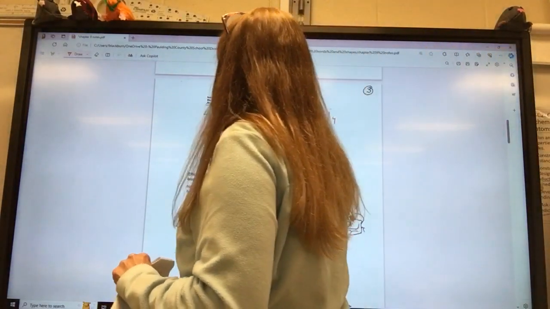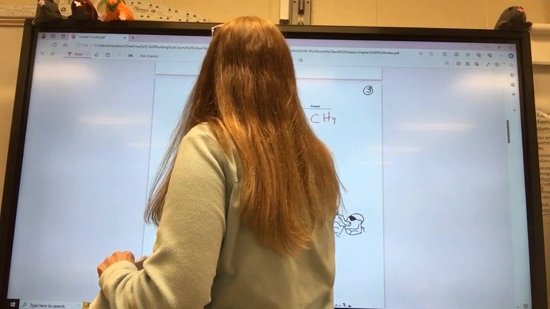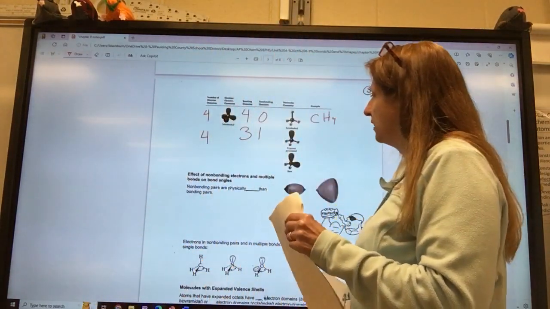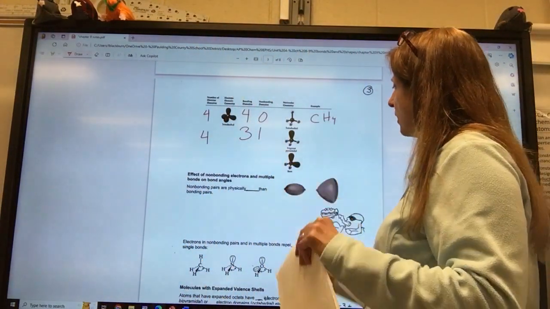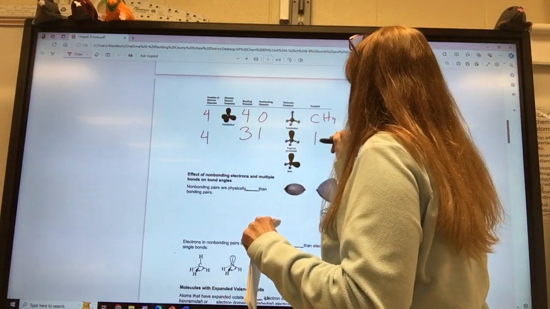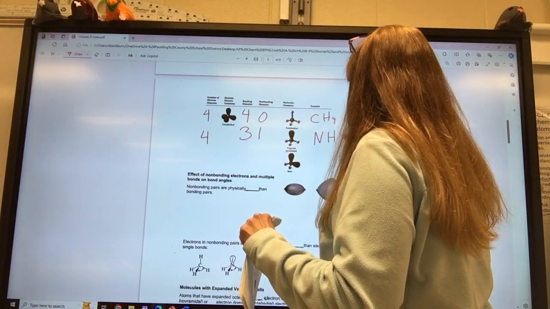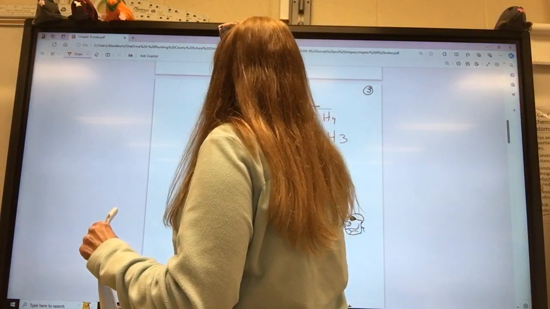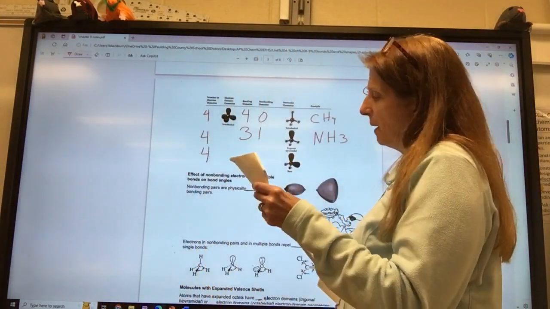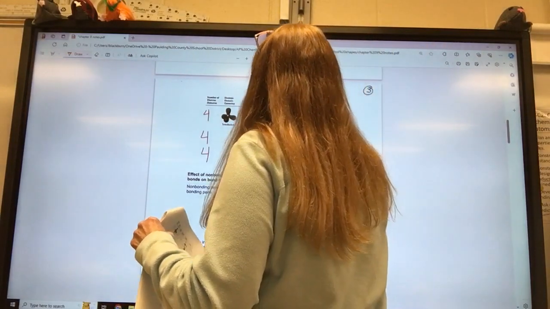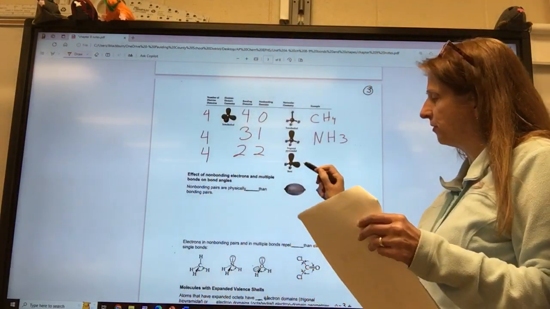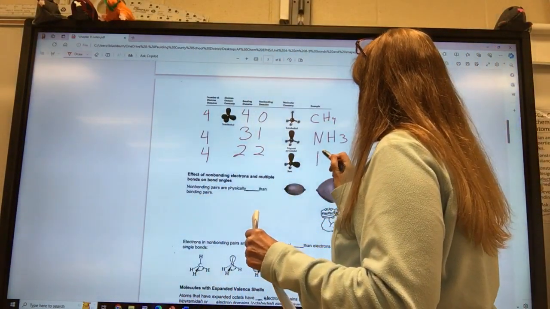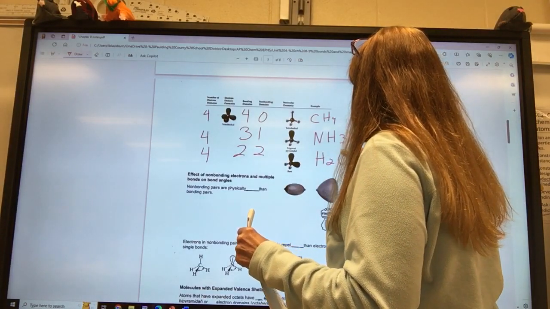We could have 4 domains with 3 of them bonding and 1 unshared pair, and that would give us trigonal pyramidal like ammonia, NH3. We could also have 4 electron domains, 2 of them bonding and 2 of them unshared pairs, and then it's bent. Our example of that is water, H2O.